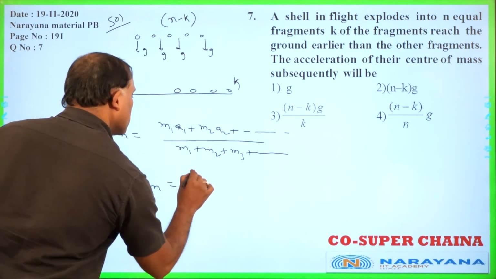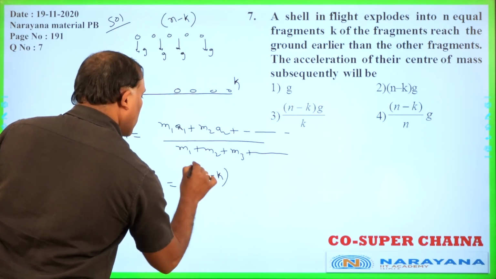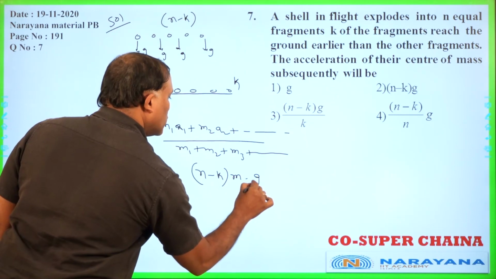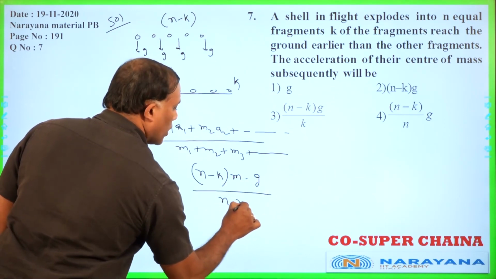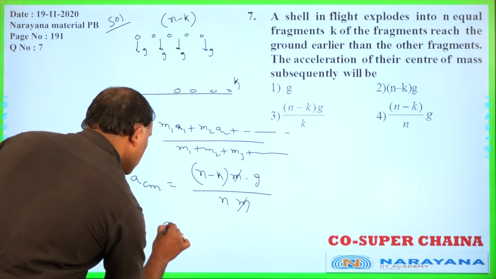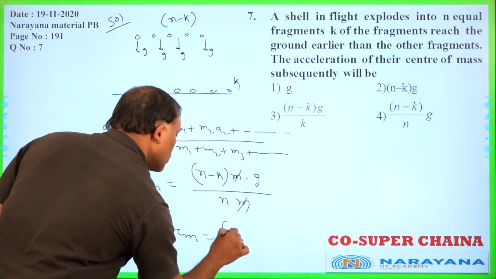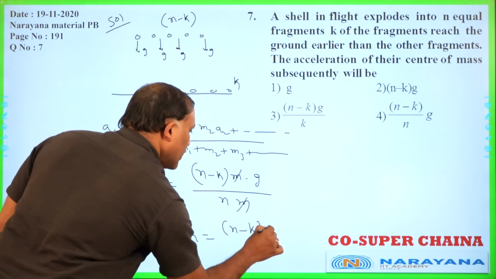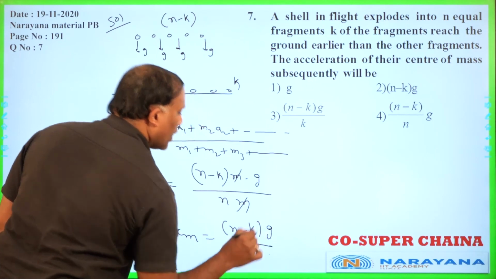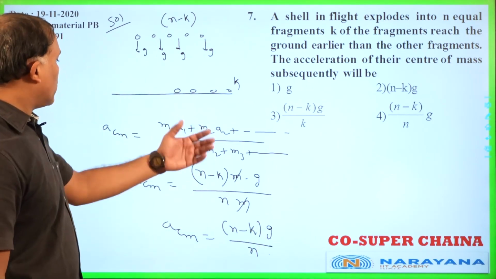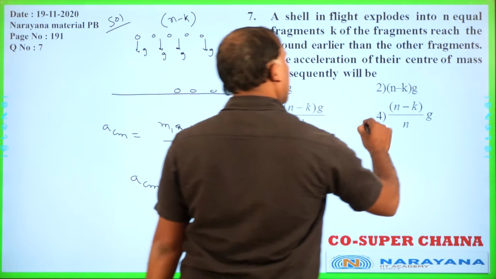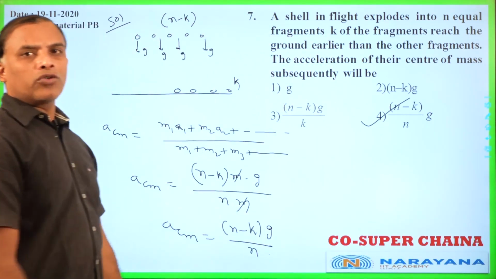The acceleration of center of mass is equal to n minus k into m into g by n masses. So the acceleration of center of mass is equal to n minus k into gravity by n. Like this we can get the required answer and solve that question.